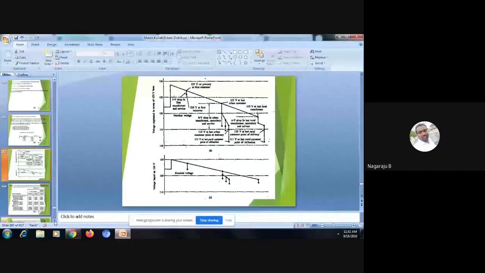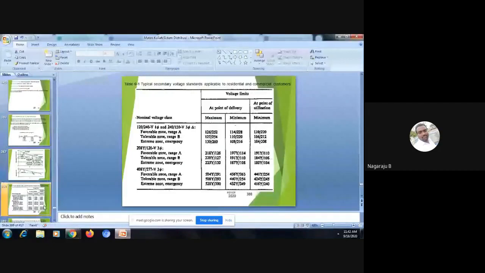And this is about the different zones. 120 by 240 for single phase, 240 by 120 volts for three phase. There are three types of zones. The emergency zone we consider the extreme zone, range A is the favorable zone for everyone, and the tolerable zone is in between. We will not consider those.